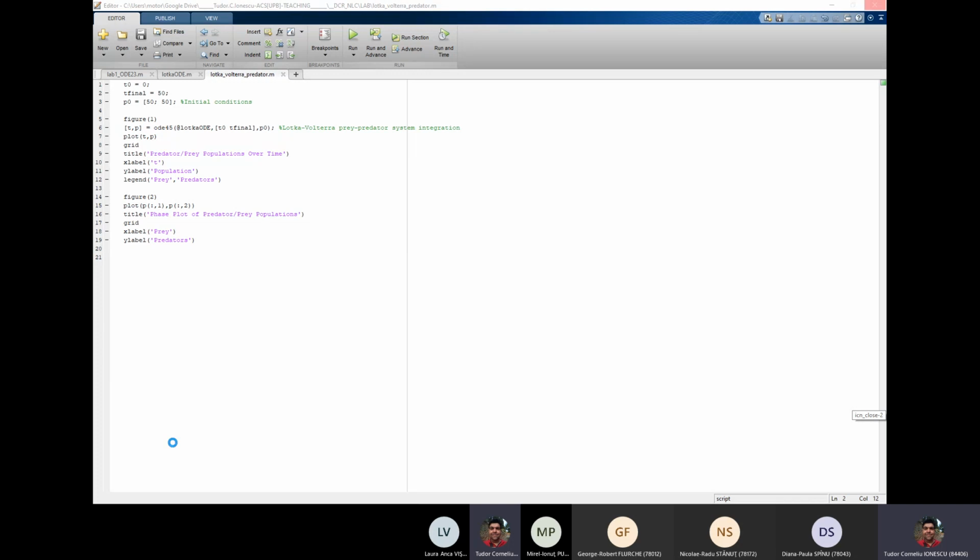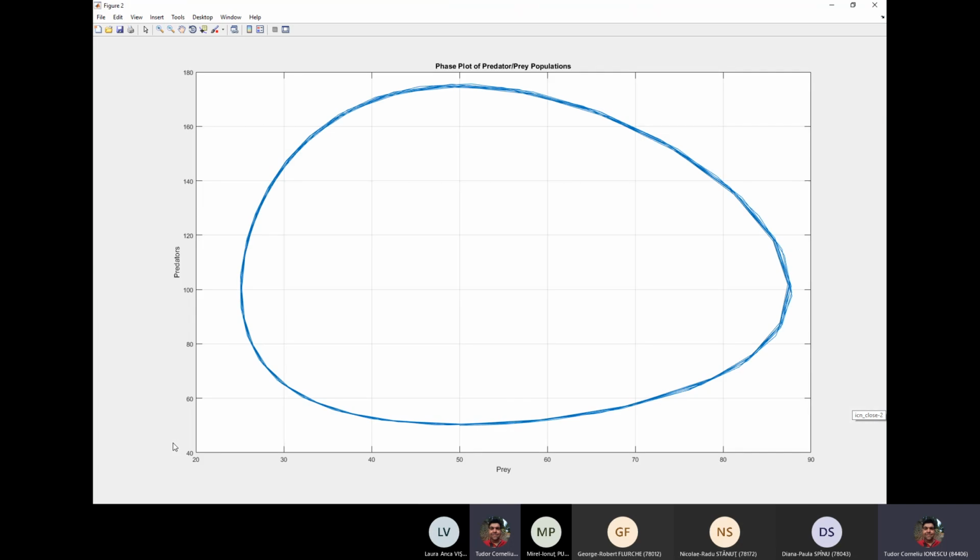Do you know a name for it? What's the shape of this thing? It's like a circle, right? It's like a cycle. So what kind of nonlinear phenomenon do you think this is?